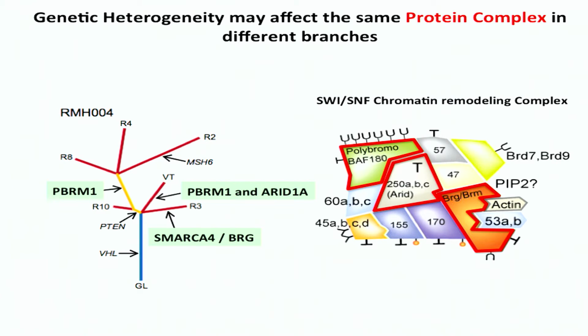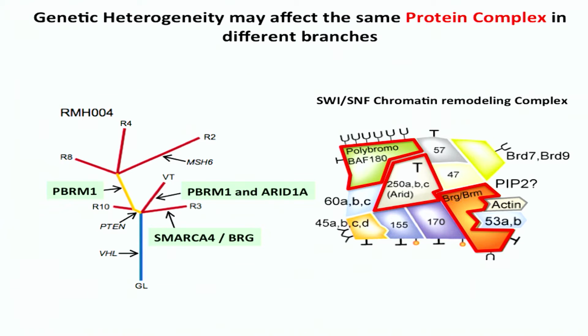In addition, parallel evolution can not only affect the same gene in different ways, but it can affect the same protein complex. This protein complex, called a SWI/SNF complex, affects the ability of cancer cells to alter the way in which they transcribe genes into proteins. And it can be mutated in many different ways. Because it's a large complex, you can mutate multiple different parts of it.